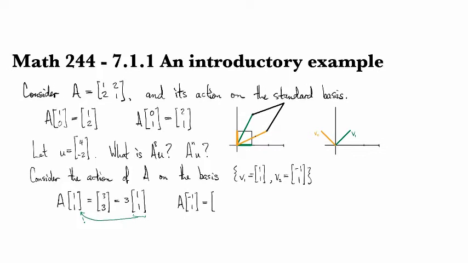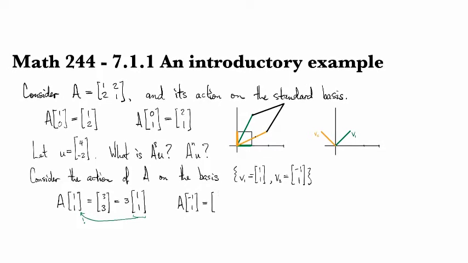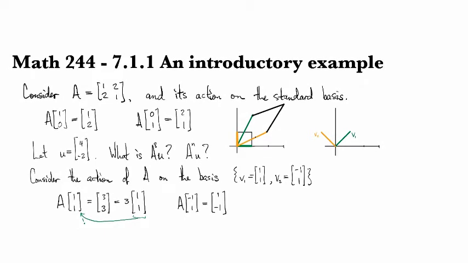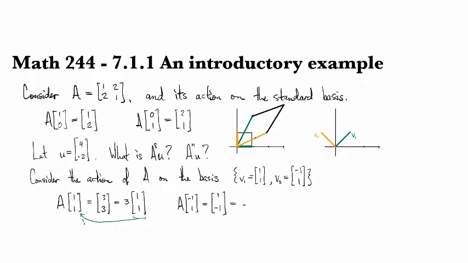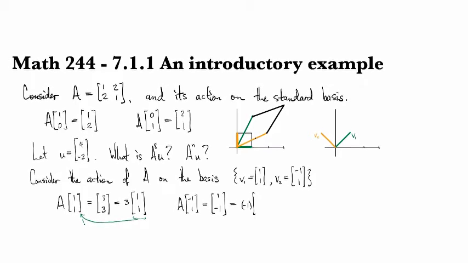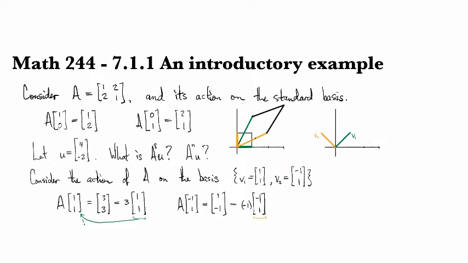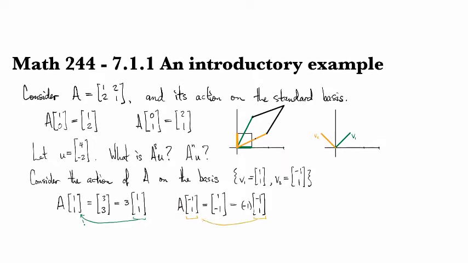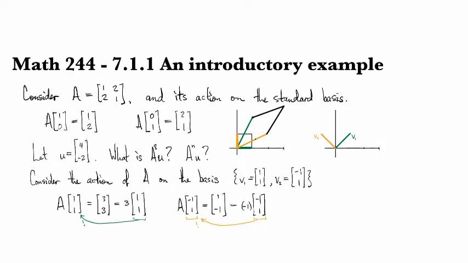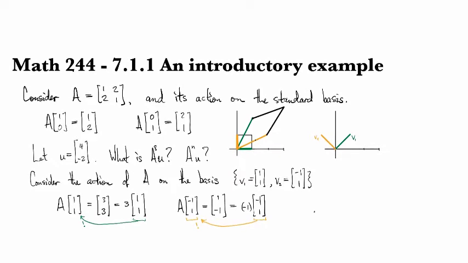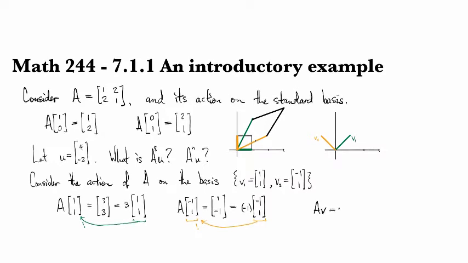When we do that multiplication, we find that we get 1, minus 1, which is minus 1 times the vector that we started with. So in each one of these cases, we did A times the vector, and we got a scalar multiple times the vector.